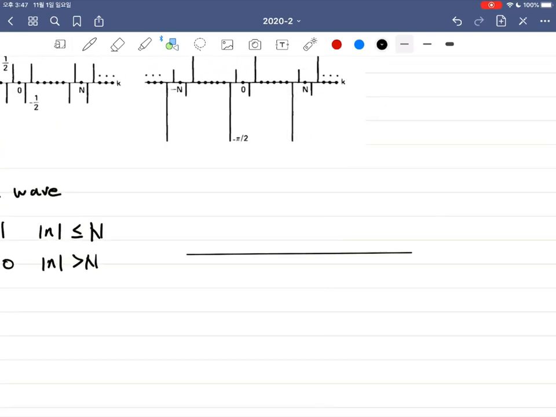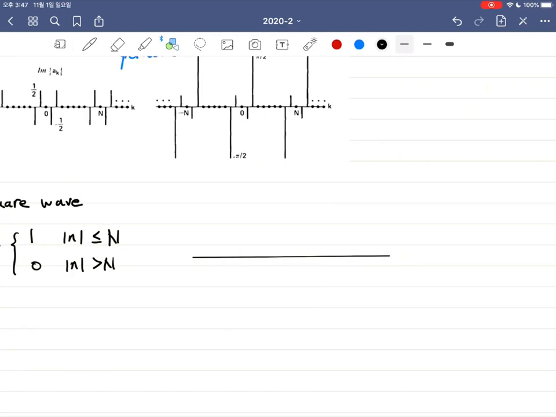So it looks like this. I need to put this subscript to distinguish this n from the period N. Therefore, I have a 0 here, and if I have n1 here and minus n1 here, you will have ones all the way up to n1.